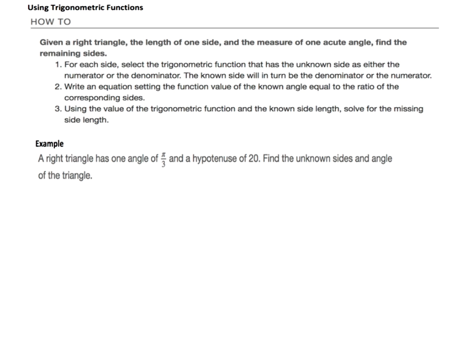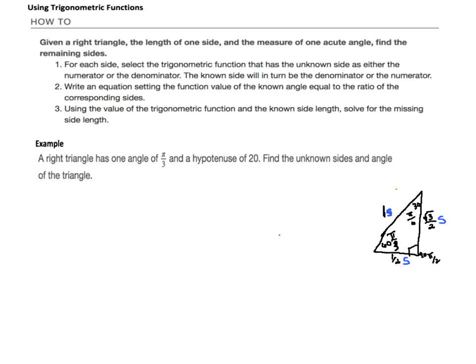Okay, let me paste that triangle here for us to look at. All right, so this question says we have a right triangle that has a pi over 3 angle in it.